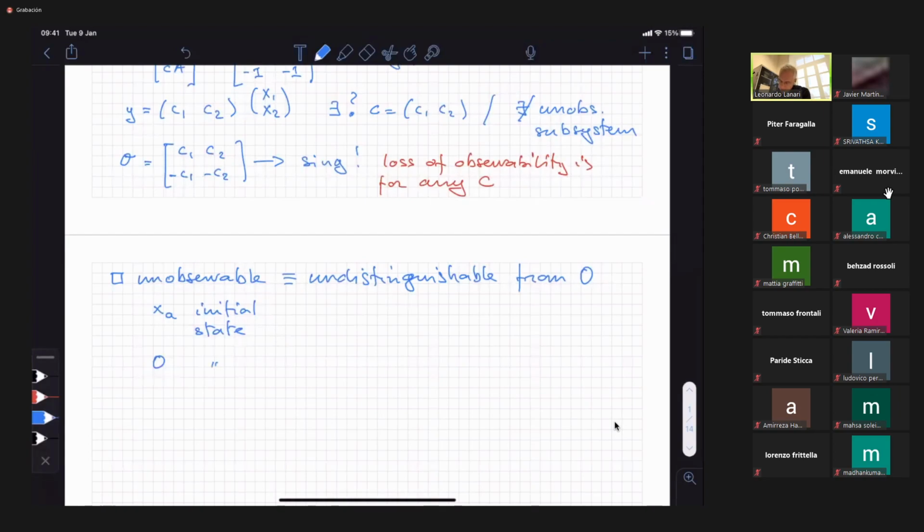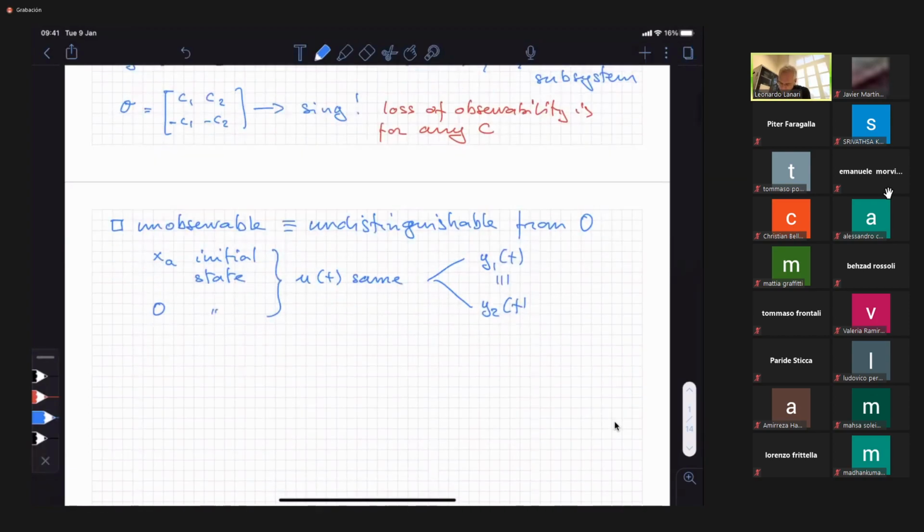Okay, so we can see things in a general way. If we apply an input u of t, the same for both situations, if the corresponding output evolutions coincide, then we would say that this initial state is indistinguishable with respect to the zero initial state, because applying the same input, they produce the same output.